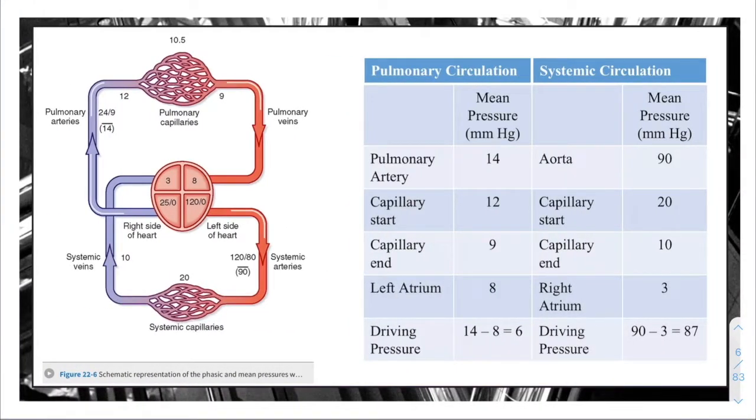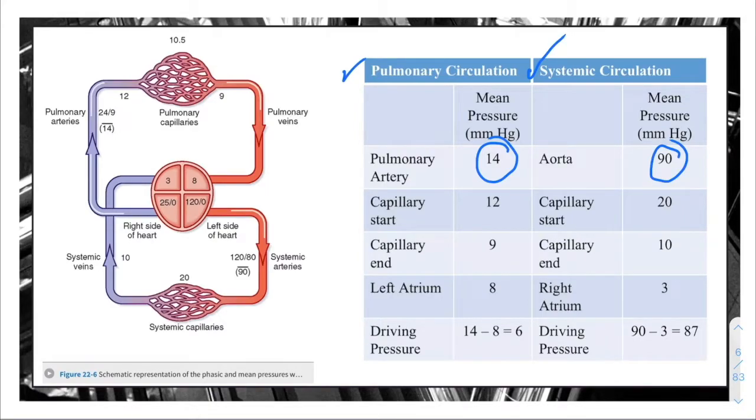Let's take a look at the difference between the pulmonary circulation and your systemic circulation. Look at the mean pressure in your pulmonary artery, which is about 14. In the aorta, the mean pressure is 90, which is about 6 times more than the pulmonary artery.